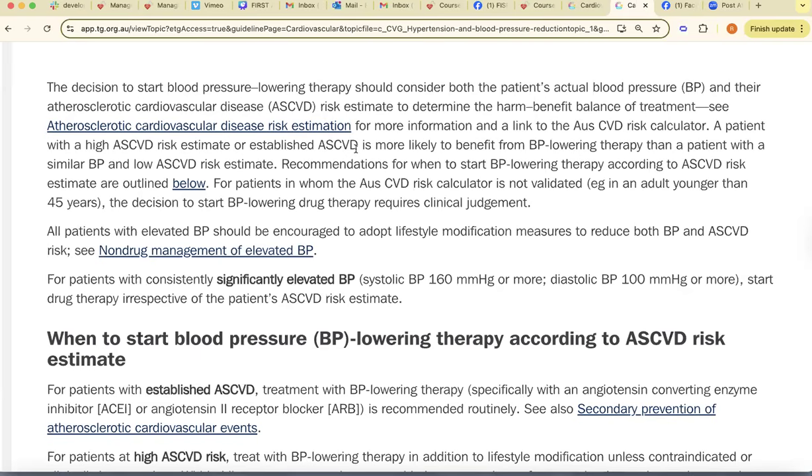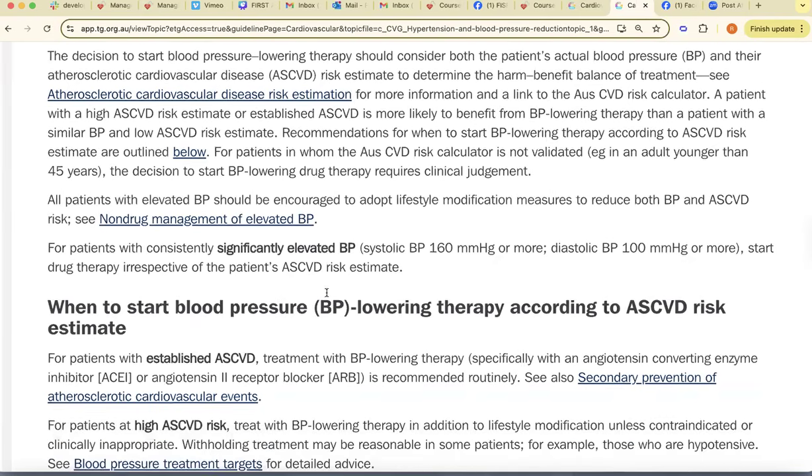In a simple way, we use a cardiovascular risk calculator to find out. We put every parameter on a chart, and then we find out what is the risk of a heart attack in this patient. Is it mild risk? Is it moderate risk? Is it a high-risk patient? Based on that, we decide if we are going to start treatment or not. Okay?